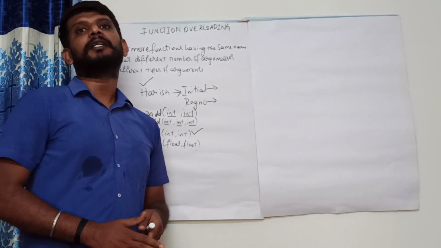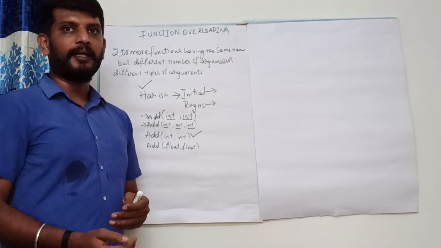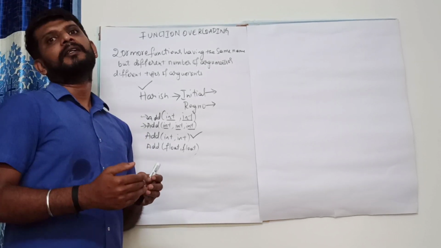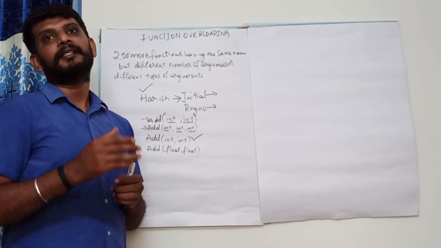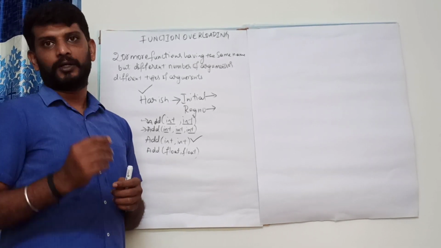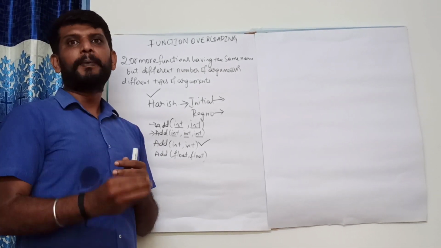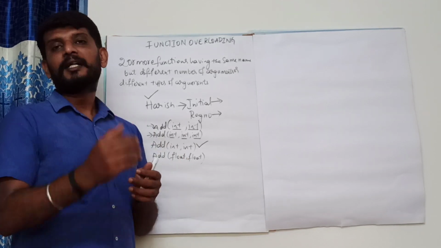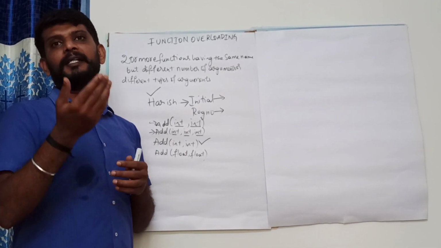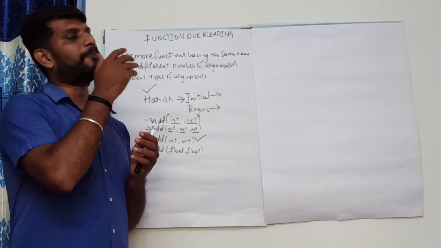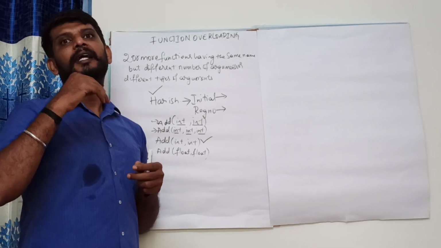What is function overloading in the sense? Two or more functions having the same name but having different number of arguments or different type of arguments is called function overloading. Now, when you call the function, the compiler will check what kind of argument you are providing as input. Based on that input, the compiler will decide which particular function needs to be executed.